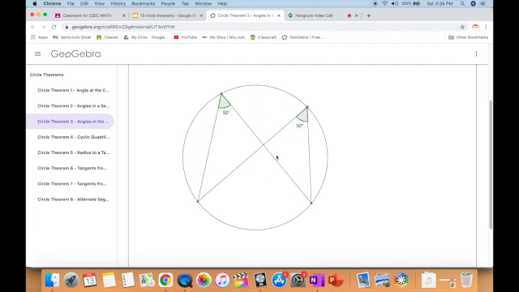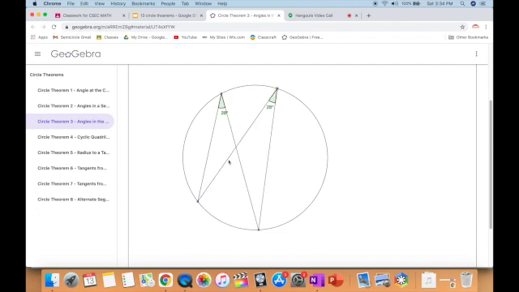Now the only way to change that angle is to actually change the arc. If I change the arc, you can see the angle changing there, right? I can make the arc a small arc, and therefore I'll have a small angle. But no matter where I put that angle, it is subtended by the same arc, so it will always be the same angle.